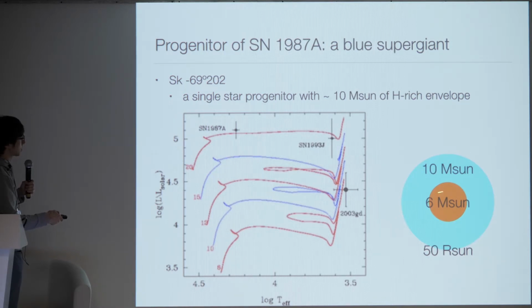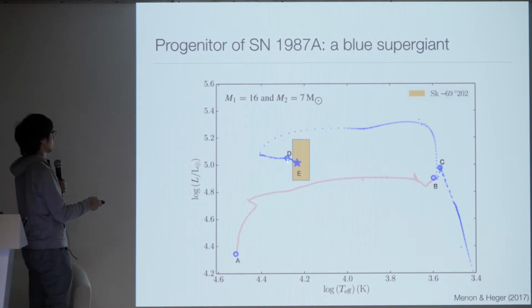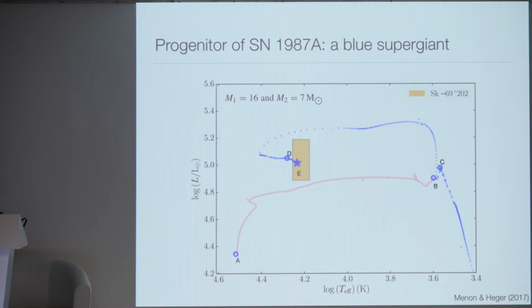If there's a relatively small core, which basically came from single star evolution, but mass was gained after this core was formed, then this can evolve after the merger into this kind of structure, and this particular progenitor was predicted to explode at this location. So there are also these kinds of models which can explain the position of the 87A progenitor as binary stellar evolution.